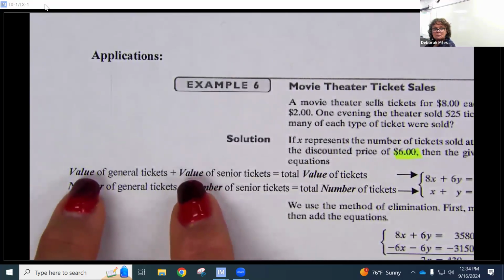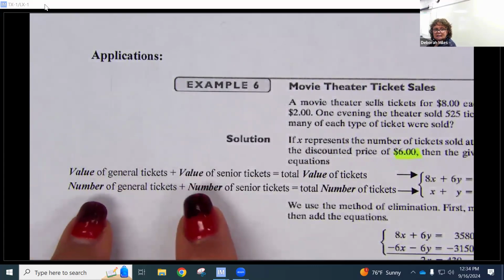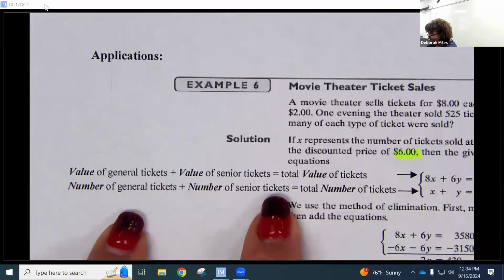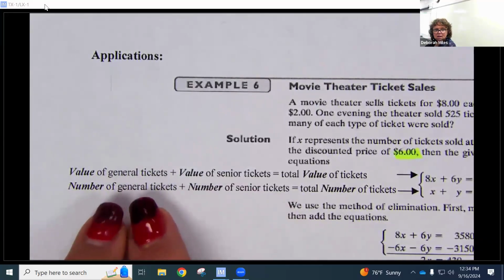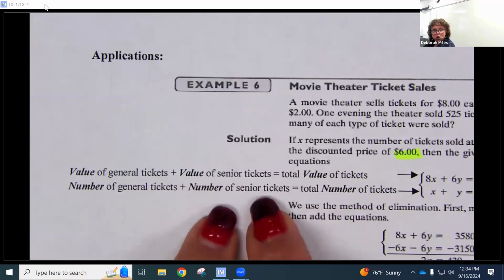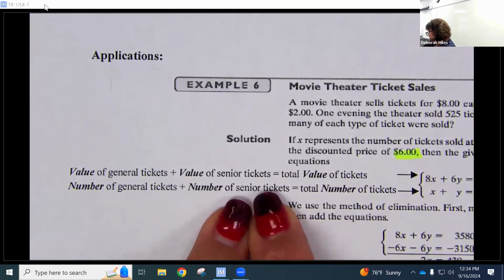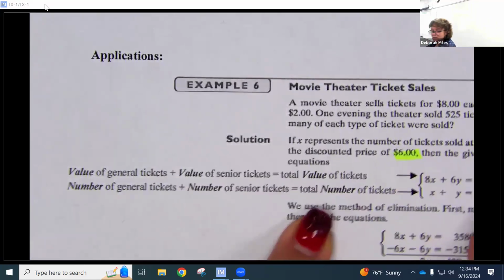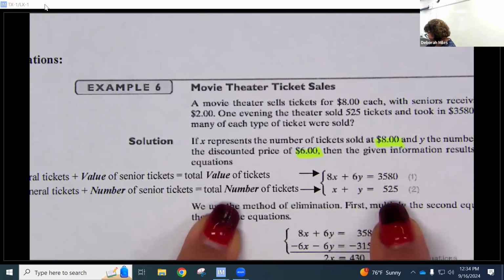I want to set up both equations so that the units match. In one of the equations, we're talking about the number of general tickets, let's call it X, and the number of senior tickets, let's call it Y, is the total number of tickets. That's the 525.